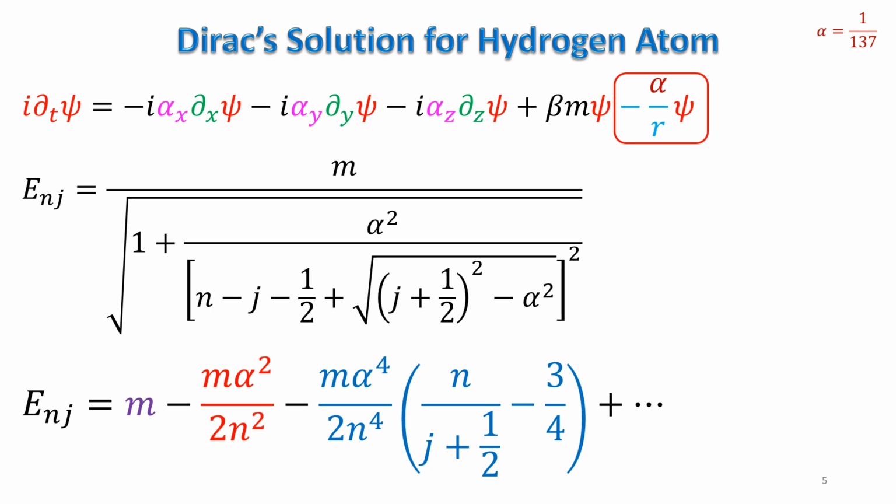The first term m is simply the intrinsic energy of an electron. Remember that in our units the speed of light c is unity, so this corresponds to mc squared. The second term is identical to the Schrodinger energy level. You can see on your screen m alpha square upon twice n square, and this depends only upon the principal quantum number n.